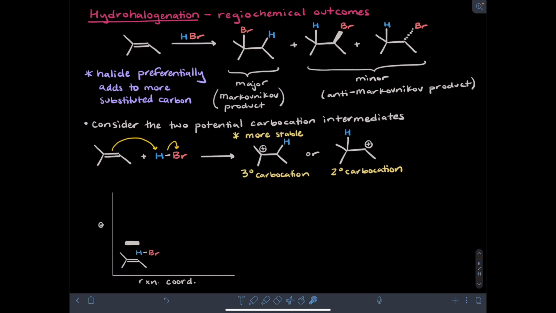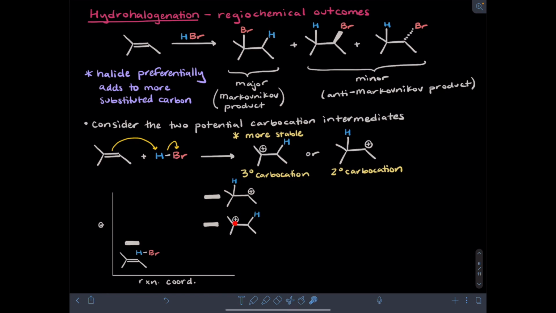So let's consider a reaction coordinate diagram for just the first step of this reaction. My alkene and HBr have complete octets and are relatively low in energy. The carbocation intermediates are both less stable than the starting materials, but they have different stabilities from each other.